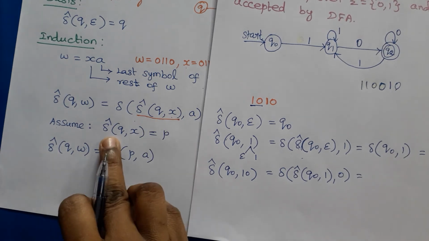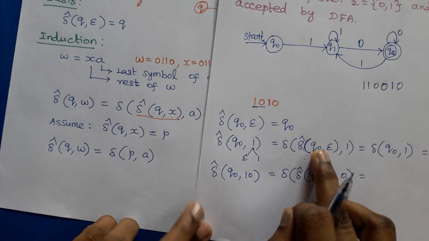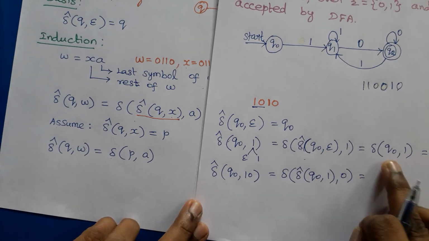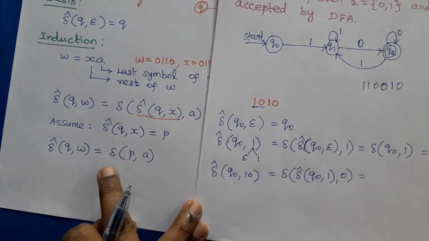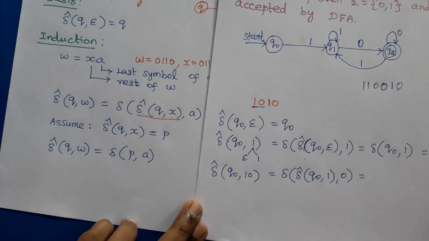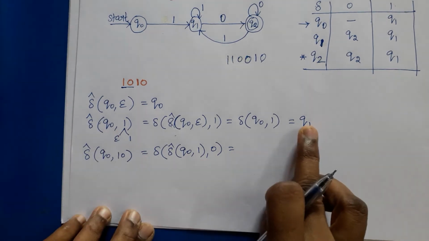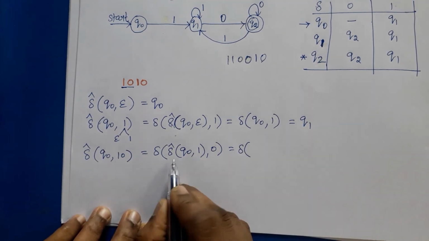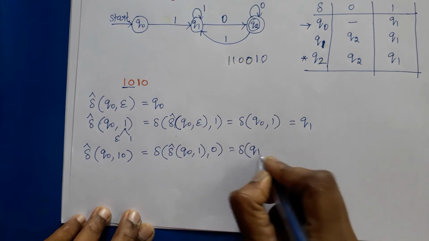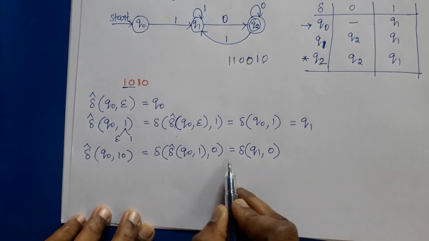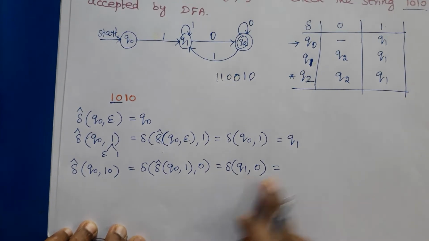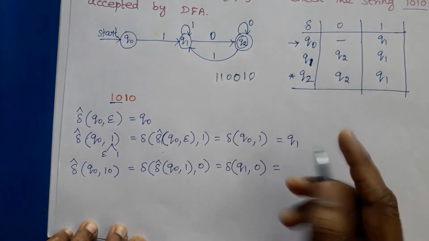So here first we need to substitute delta cap of q comma x, which is taken from the previous step. Then we have to substitute delta of p comma a, that is found. So recursively we can find this step. So delta cap of q0 comma 1 is q1. So delta of q1 comma 0 means it is q2.